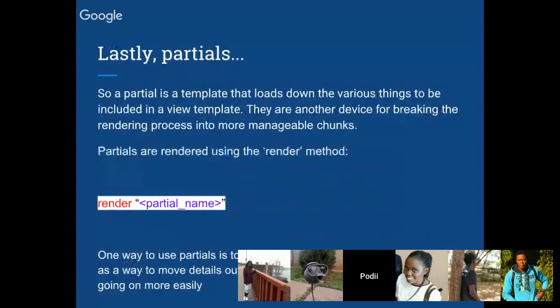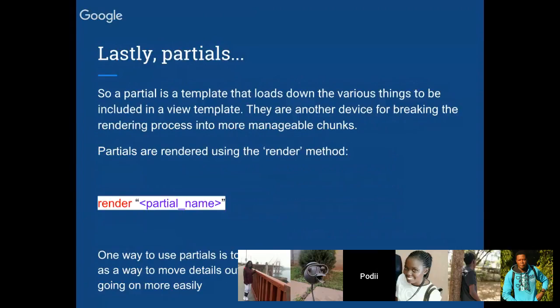Then partials. A partial is a template that loads down the various things to be included in a view template. They are another device for breaking the rendering process into manageable chunks.